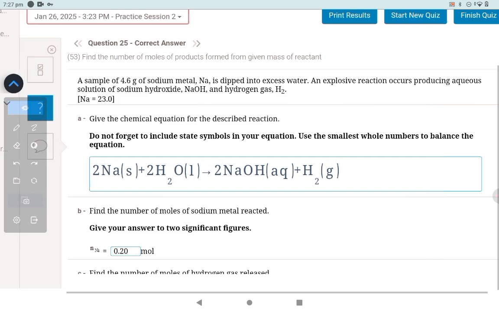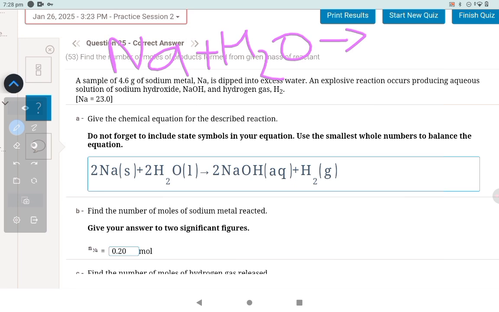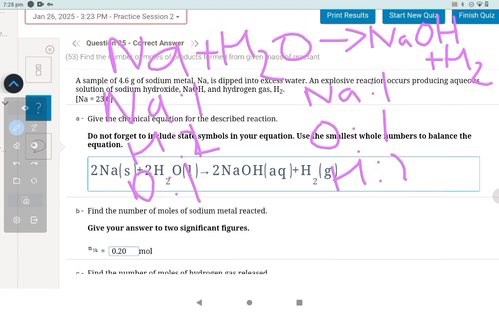Okay, balancing. Sample of 4.6. First off, balance. They give Na is dipped into excess water, H2O, giving you an aqueous solution of NaOH plus H2. Na on the left side 1, H 2, O 1; right side Na 1, O 1, H 2 plus 1.